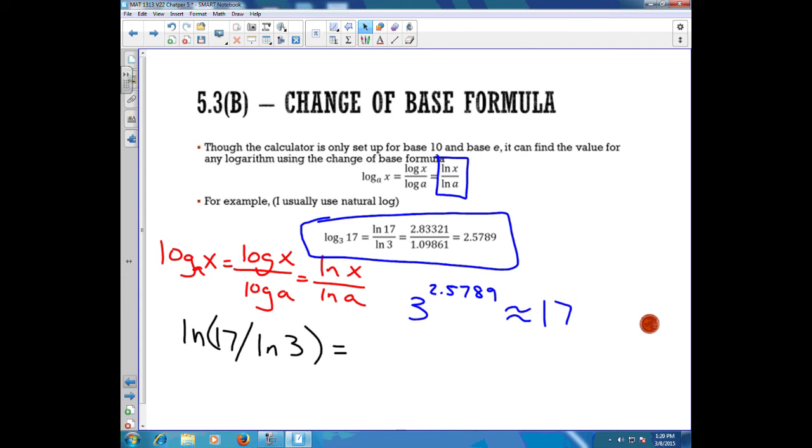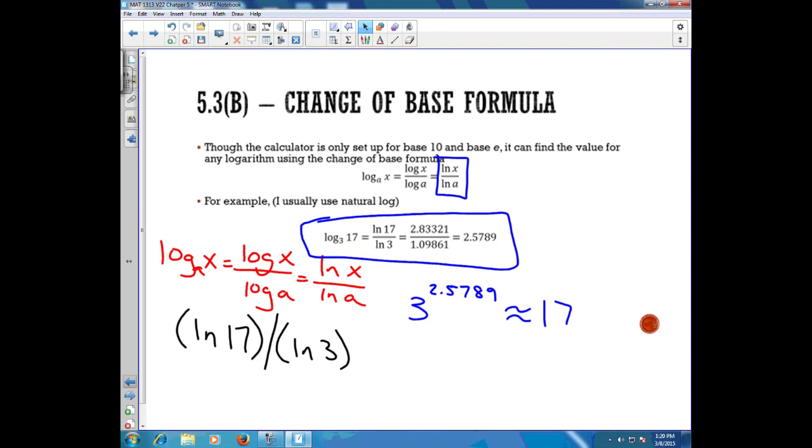What you need to do is make sure you include parentheses around both terms. So natural log of 17 divided by natural log of 3. You may wind up having more parentheses than necessary, but you'll get the right answer. If you don't close the parentheses when you divide, the calculator divides first and then does the log, and things don't work out correctly.